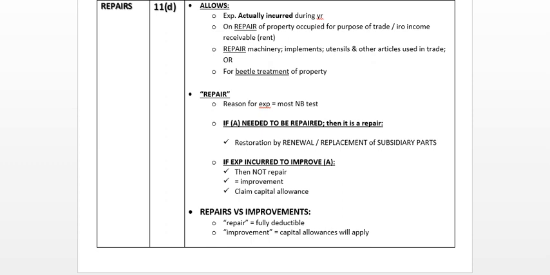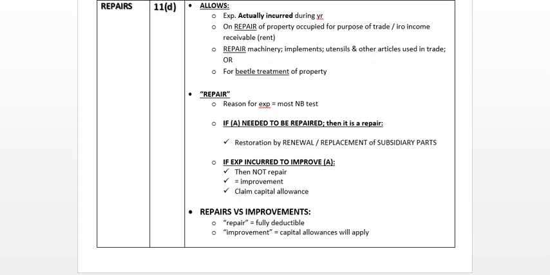So repair of machinery, implements, utensils, and other articles used in trade, or for beetle treatment of property. So yes, you may deduct any repairs to, if you have a rental property, or if you need to repair any machinery of yours, then that is an allowable deduction.